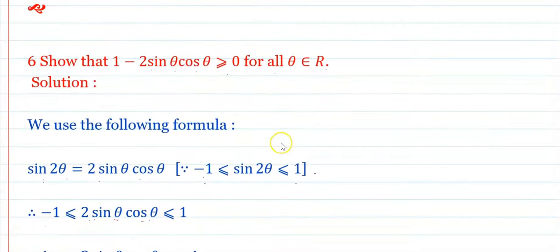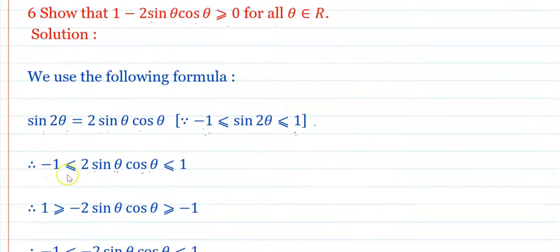How this was proved, you can see again one by one here. First the formula sin of 2 times theta is equals to 2 sin theta into cos theta. And also we know the range of sin function. The values of sin lie between -1 and +1. And again the sin of 2 times theta can be written as 2 sin theta into cos theta.